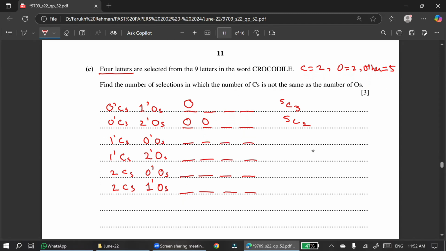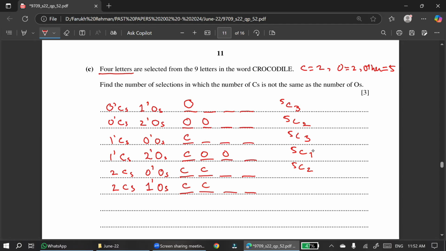Now 1 C and 0 O: 5C3, select three from the remaining five. 1 C, 2 O's: 5C1. Two C's and 0 O: 5C2.